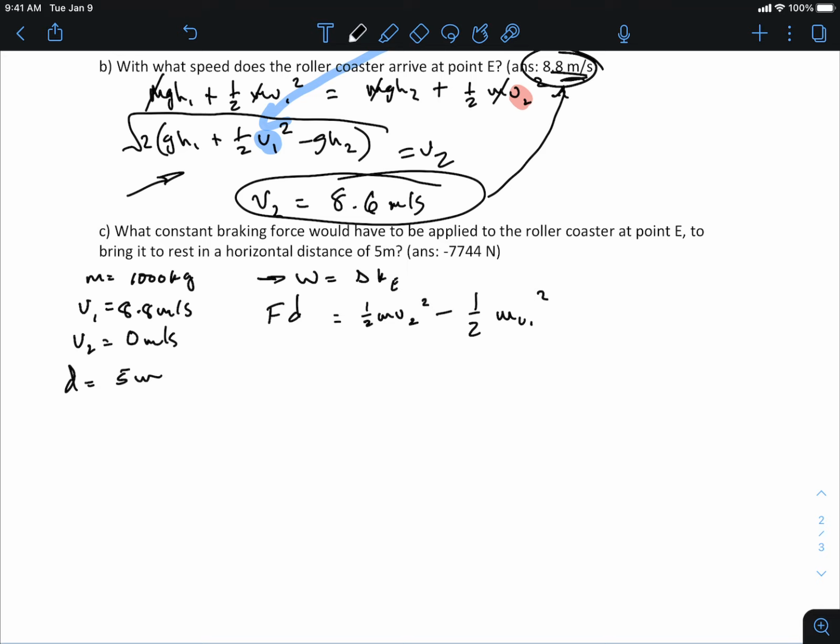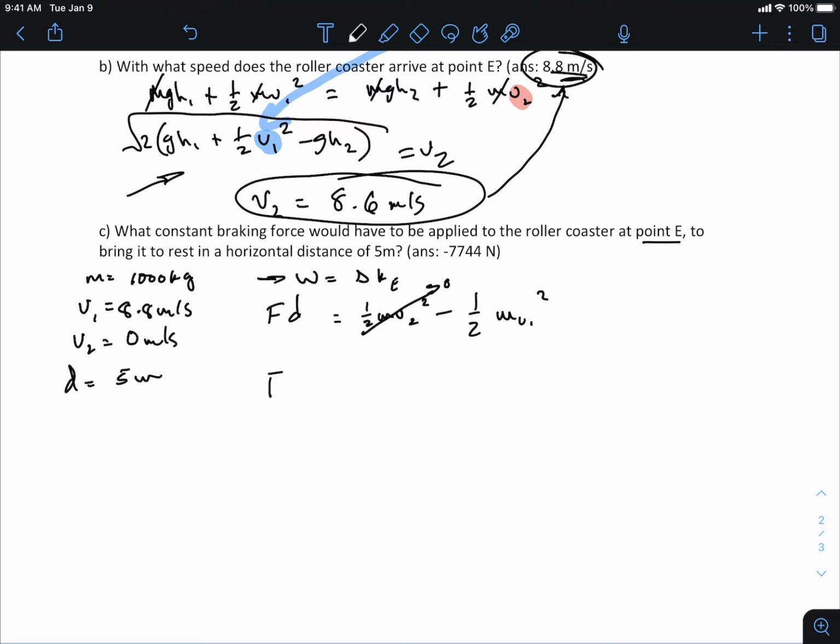So for the force that we need, let's take a look at the velocities. We know V1, what it arrived at point E with, is the 8.8 we just solved for in the last question. But the final velocity, the cart is coming to a stop, so it's 0.